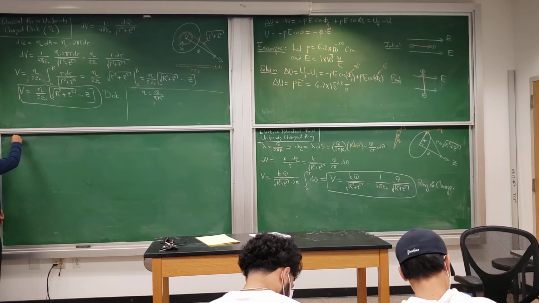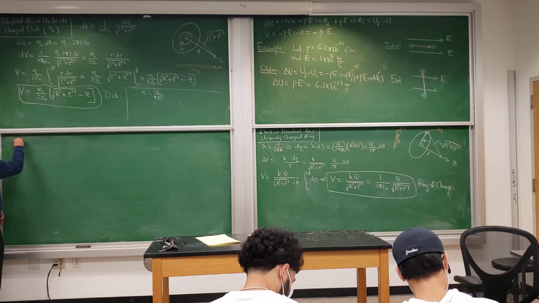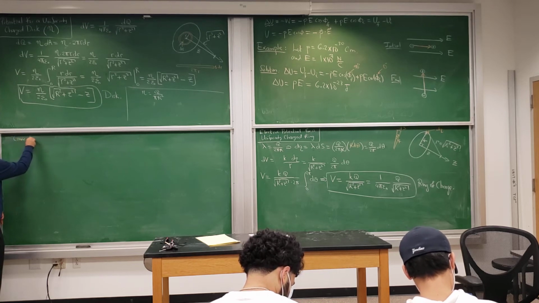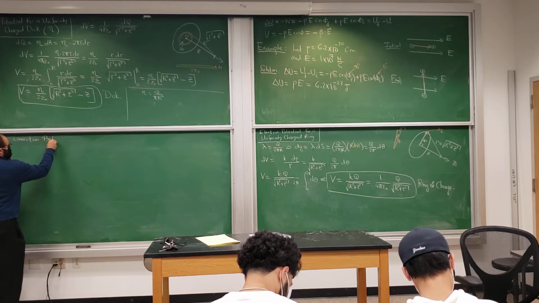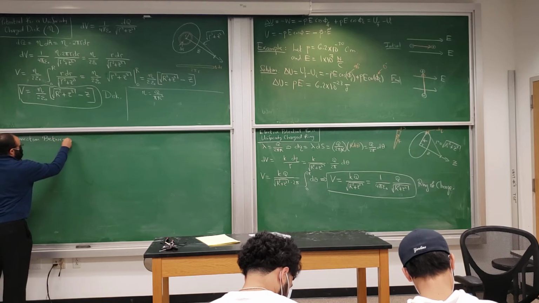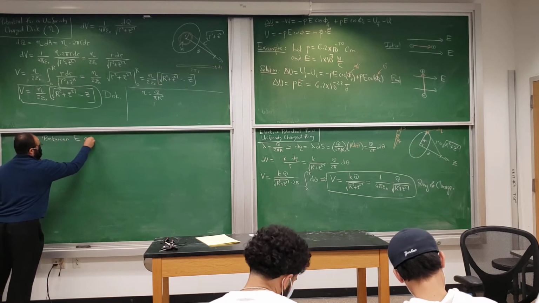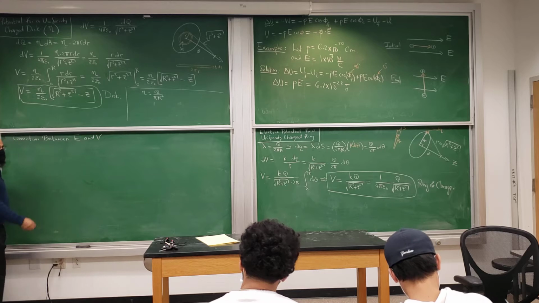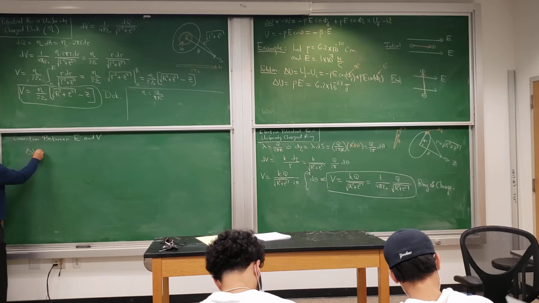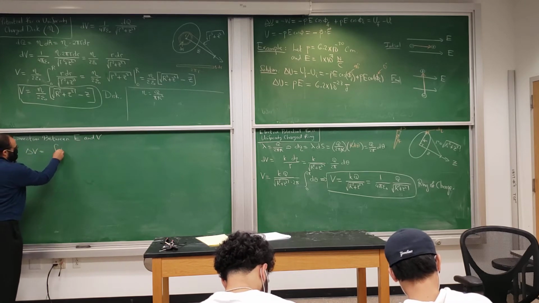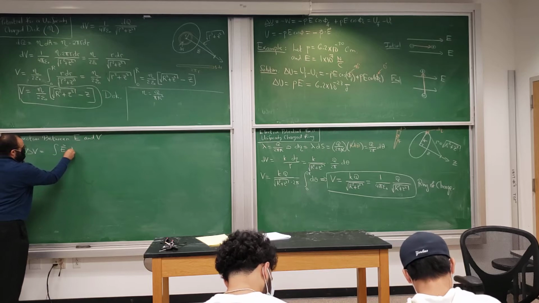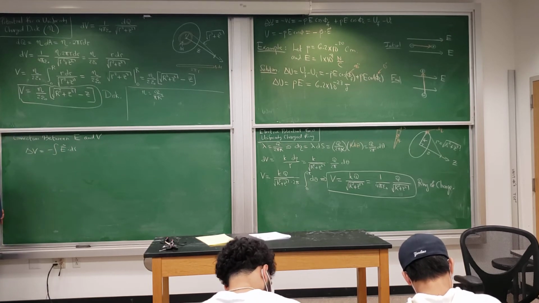So the connection between E and V. We said delta V is you have to integrate E dot dr, with a minus sign.